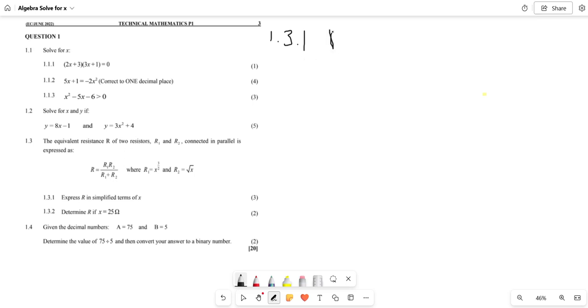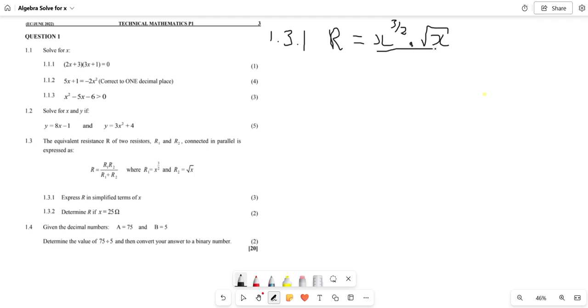Then R is equal to, then the value of R1, it is x to the power of 3/2 multiplied by the square root of x.